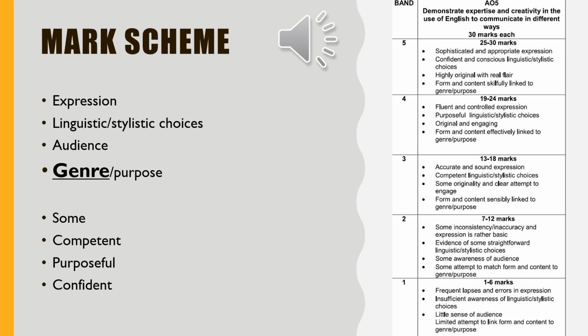And then at the top end is confident. Now, confident is a hard thing to reach, and actually it's a hard thing to mark as well. So that band 5 confident is really someone who feels comfortable in the piece of writing that they're doing and is able to do it really fluently.